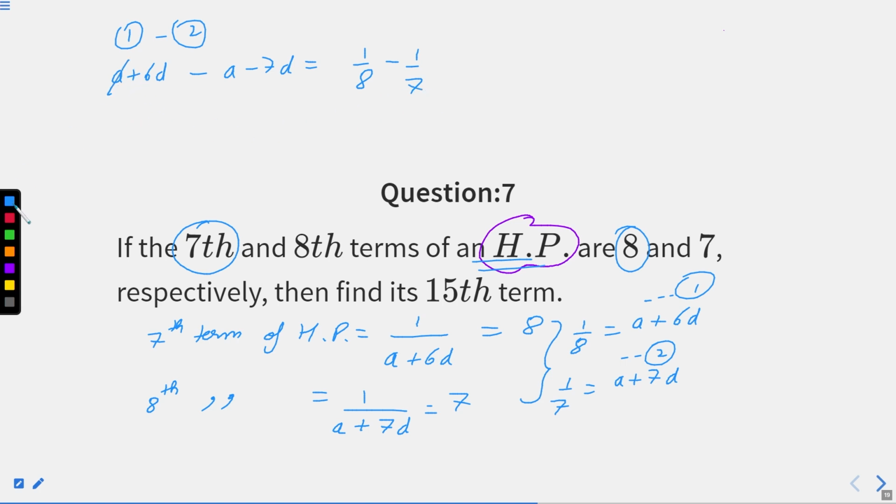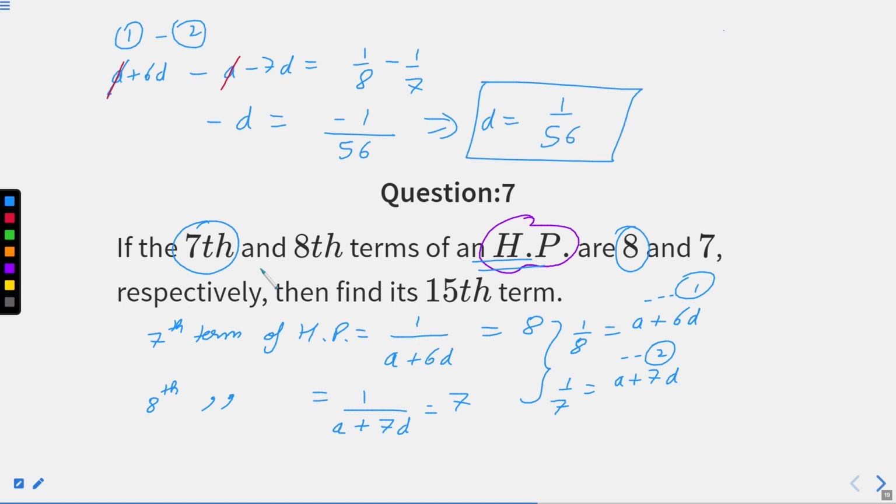The A will cancel out, I am left with minus D. So 56 minus 1 implies D equals 1 by 56. Clear?